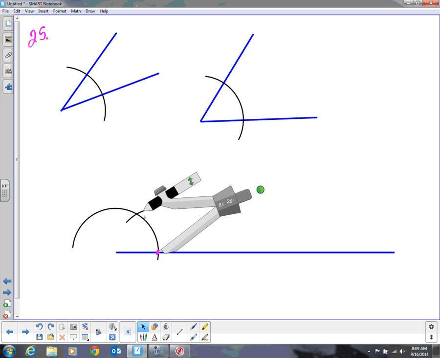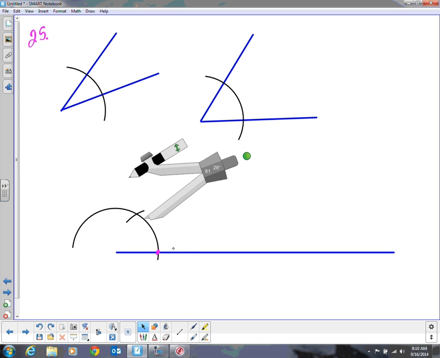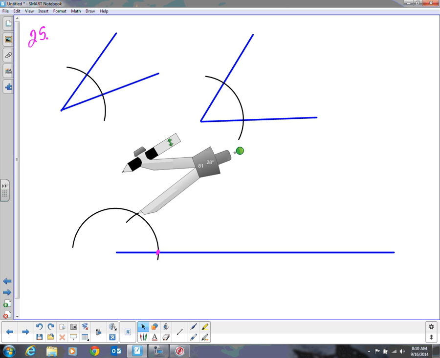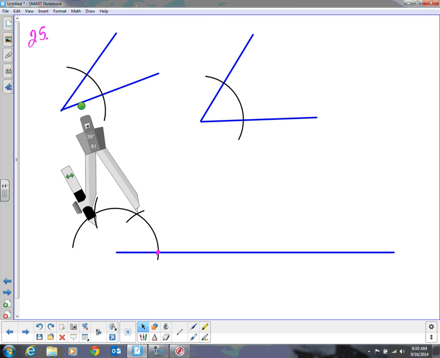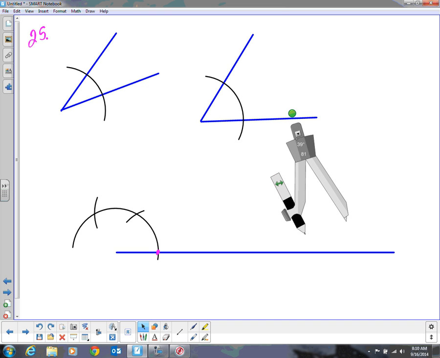That is one TQR, and to add, I put my compass point here, and I'm going to do another TQR. Are you with me? I just added this angle to itself. So if you needed help on 24, that's like 24. Now I'm doing this dotted line because that is not my answer. This is 2 TQRs.